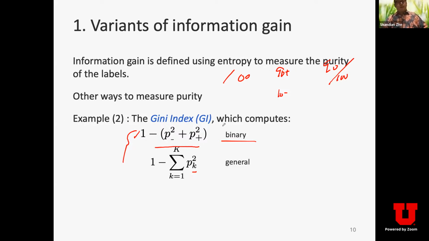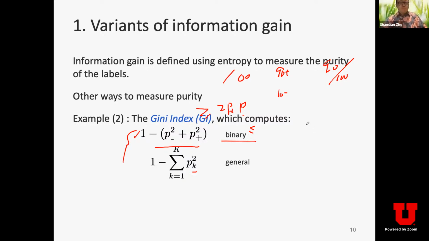You know that p plus squared plus p minus squared is no less than 2 p plus times p minus. This is the inequality we learned from high school, right? And because there is a minus sign in front of it, you're going to upper bound it by this guy. And this inequality holds only when p plus equals p minus, which is 0.5, or 1/2.